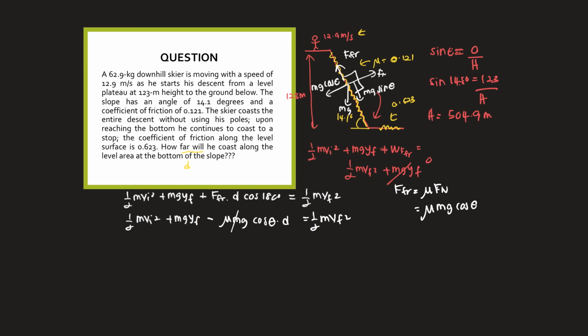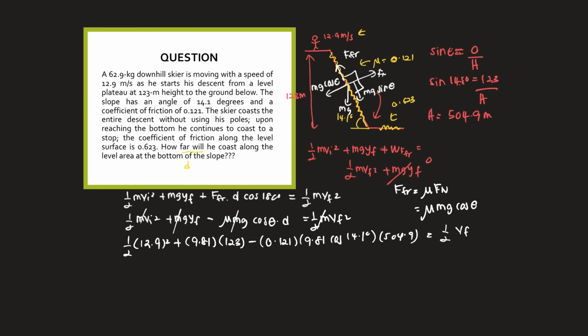Okay, so you can cancel m here, so you are going to get 1 over 2 times 12.9 square plus 9.81 times y initial 123 minus mu, which is 0.121, times 9.81 cos 14.1, d is 504.9, equals 1 over 2 v final square.